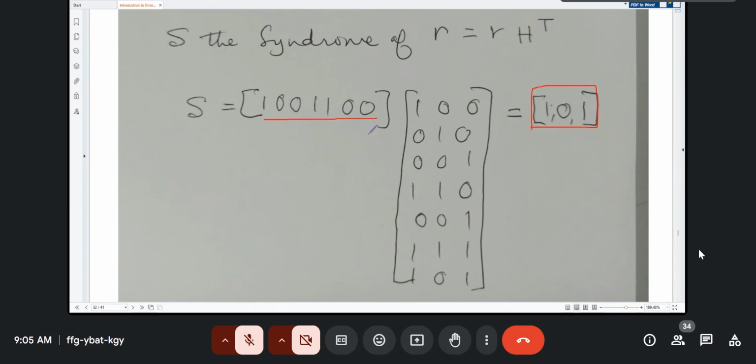For the code words that were generated with the generator matrix that pertains to this parity check matrix, it means it's not a member of that code, or rather, it's not a valid code word. So suppose this is what you received, the syndrome will be this.